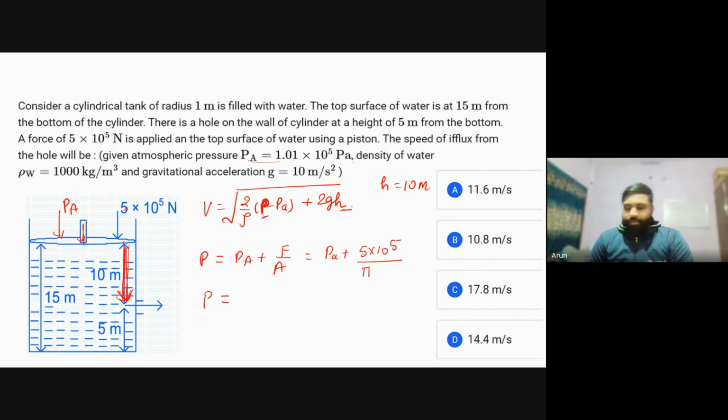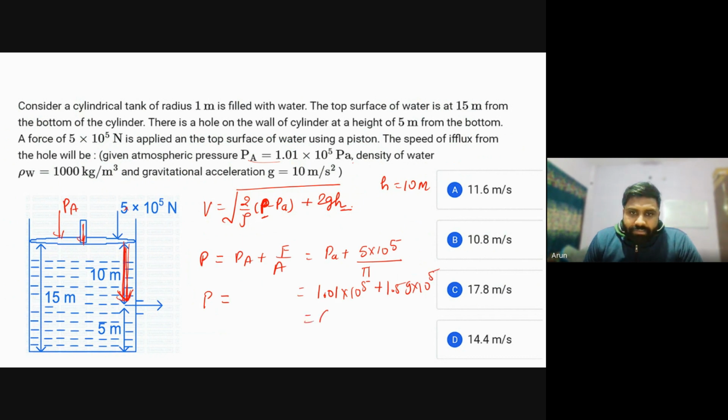So this pressure you will have as 5 by pi, which is 1.6 into 10 raised to the power 5, plus 1.01 into 10 raised to the power 5.